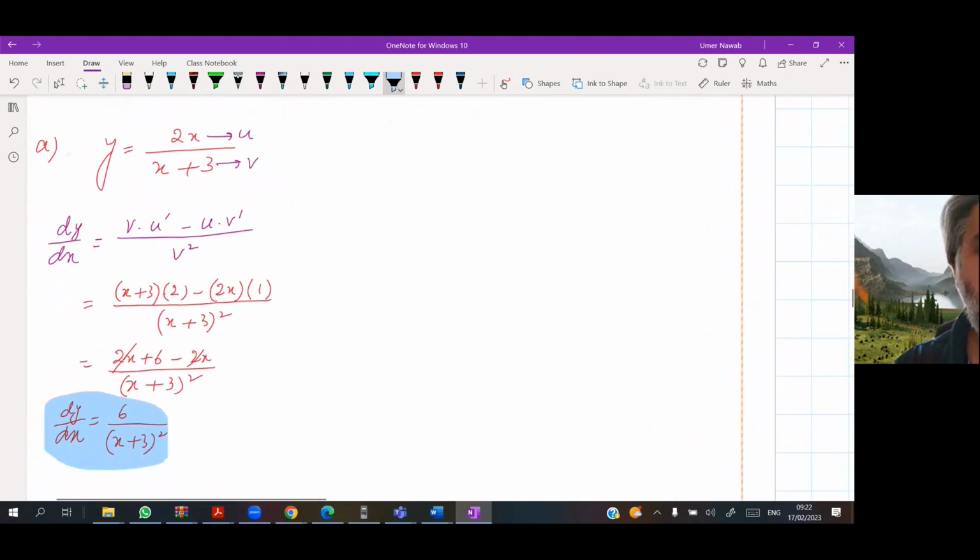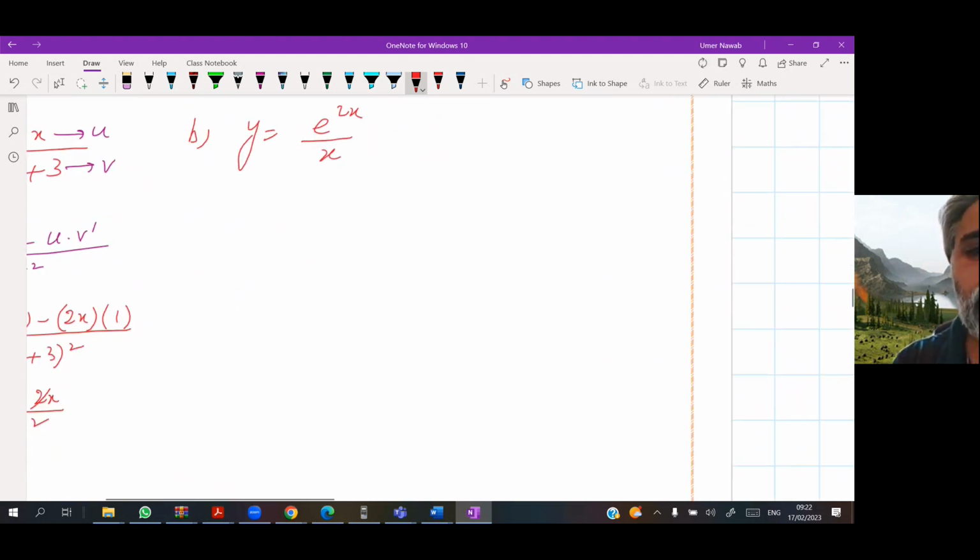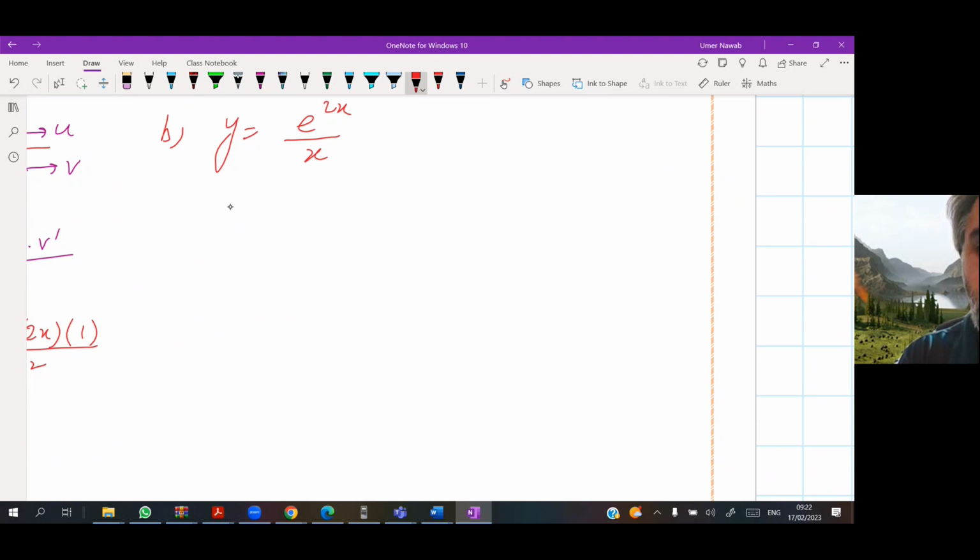Now let's do the B part. He gave you y equals e raised to the power 2x over x. Let's try. This is my u and this is my v. Let me write the formula again: dy by dx, denominator squared, then denominator times u prime minus u times v prime.